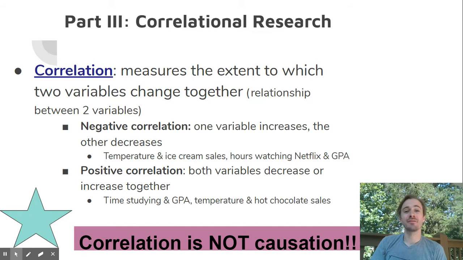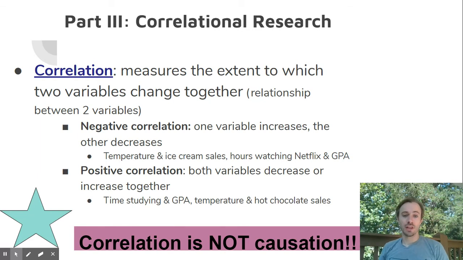So negative relationship, think of them as opposite. Oftentimes with relationships, we think of couples, and I think we can think about it in a similar way there. If you're in a negative relationship, one member of the couple is growing, getting better, while the other is doing the opposite. They're growing apart. A negative relationship is where two things grow apart. One goes up and the other goes down, or vice versa.